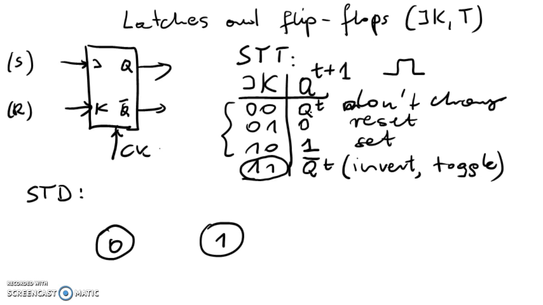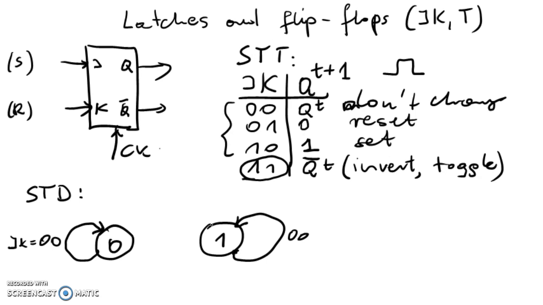The first row gives you a recipe of what to expect. If you put 0 0, you expect no change. So no change means you stay in the same state. The current position and the next position are the same, for 0 0 on JK.